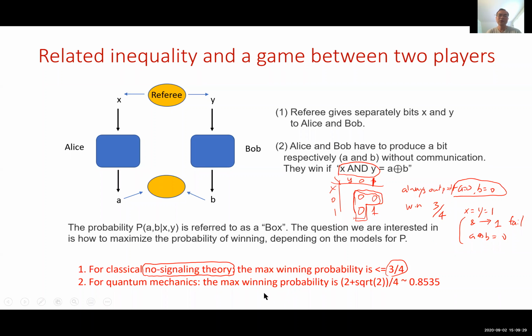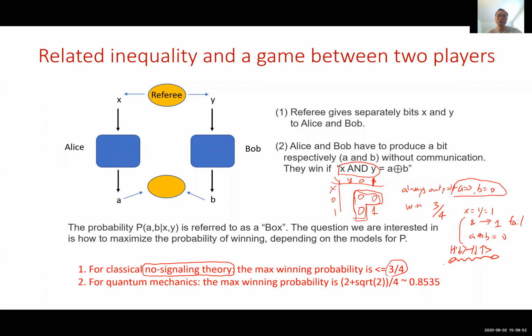For quantum mechanics, it turns out the winning probability is achieved by using an entangled state, something like the up-down minus down-up state that we mentioned earlier in the Bell inequality.